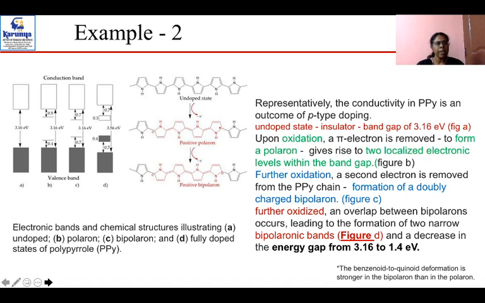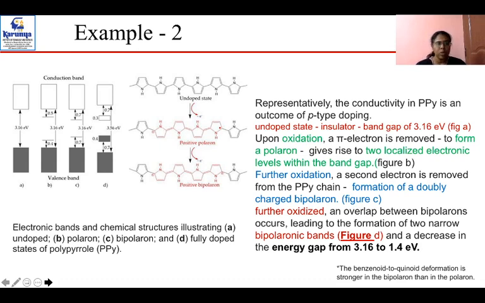Let us look at one more example where you could see the formation of bands. Here the example is PPY, polypyrrole. Polypyrrole has a wide band gap of around 3.6 electron volt. Initially, when you oxidize it, a pi electron is removed, as you could see in the diagram, and it forms a polaron. Because of that, you will have two localized electronic levels in the band gap.